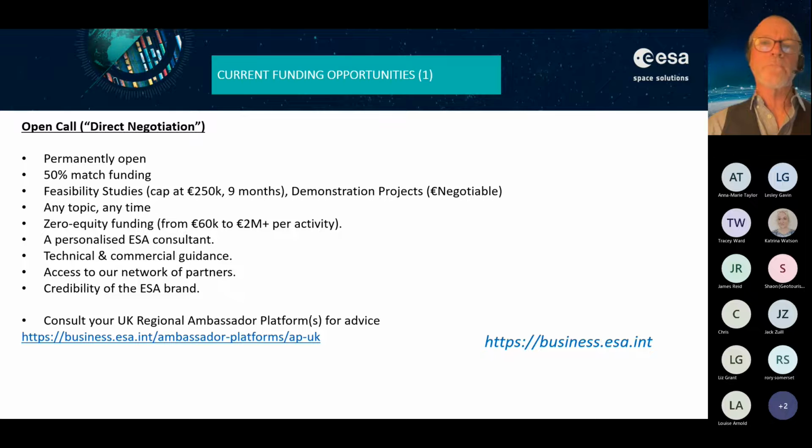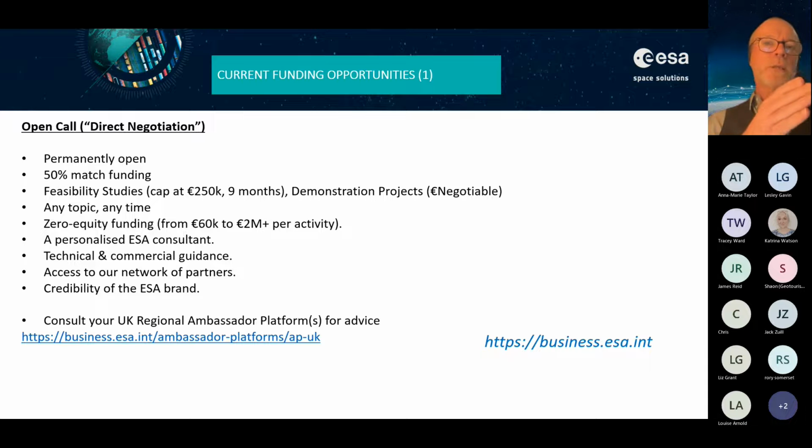Feasibility study projects are a bit earlier in their process, and we also fund what we call demonstration projects, a bit further along in the process. There is no time limit or budget cap. On average, budgets are below €2 million, and projects are usually less than 24 months. But the period of time and the budget required really depends on the project.